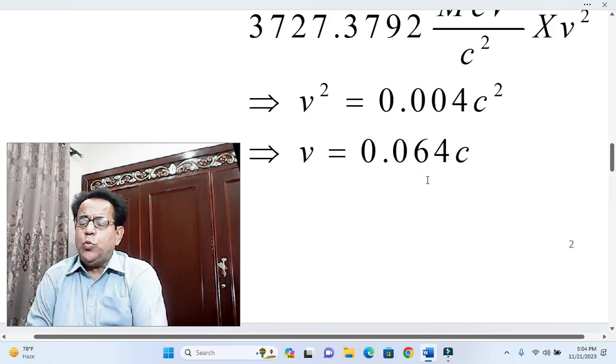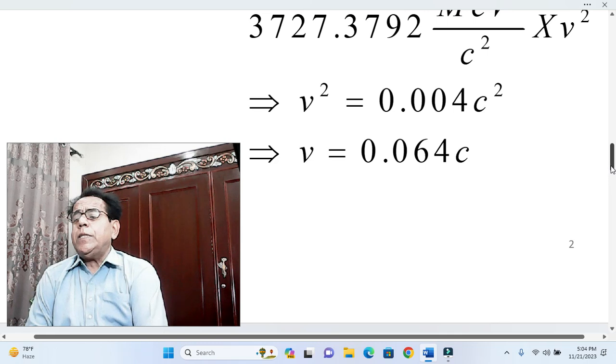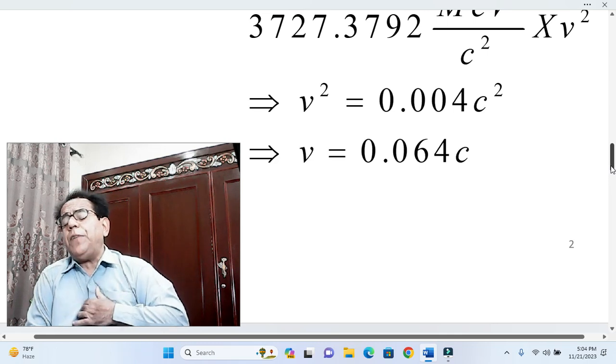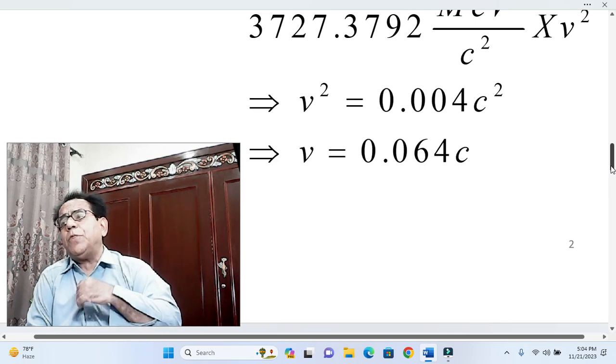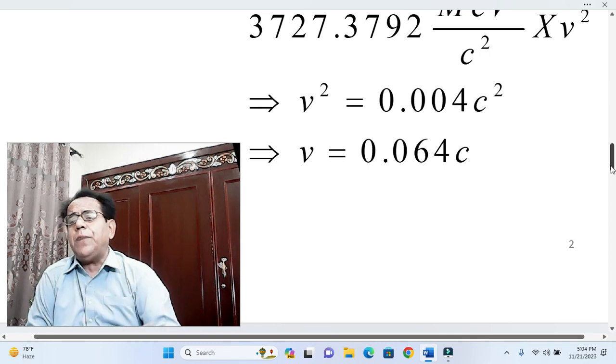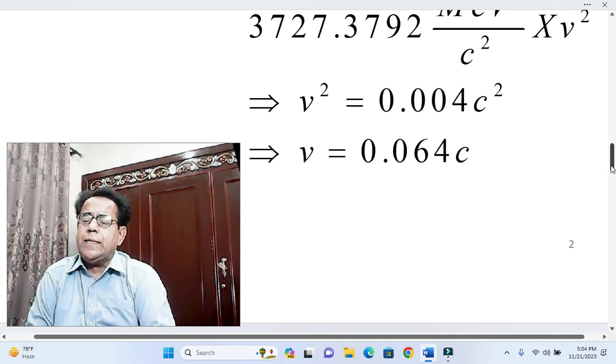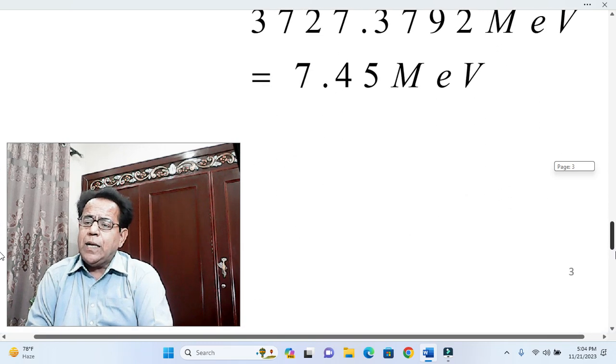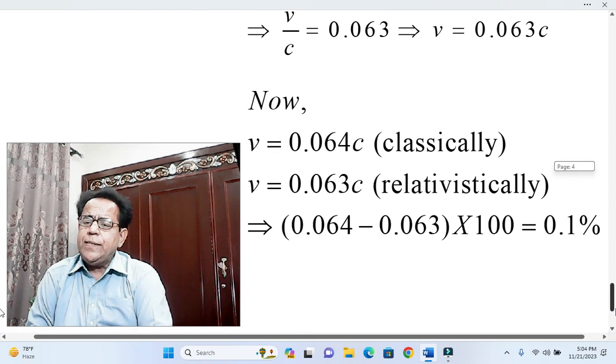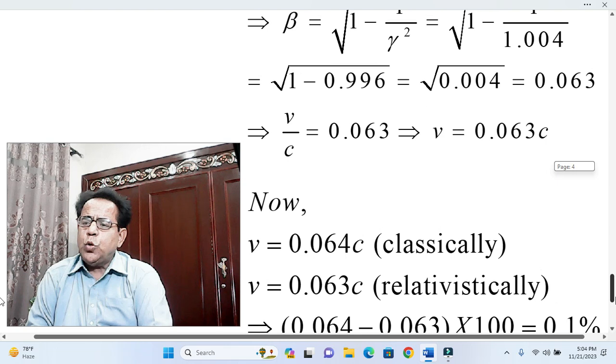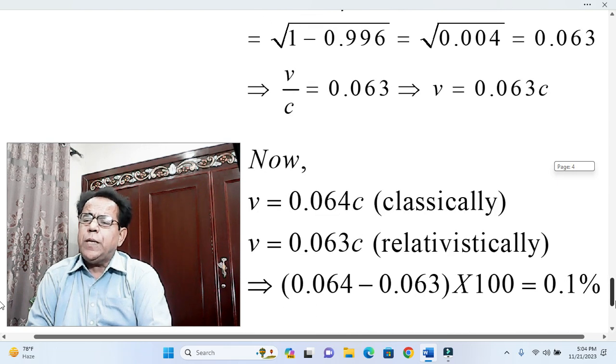Okay, one value. Dear students, here we have found one value of kinetic energy 7.45 and one value of kinetic energy 7.7. So similarly, one value of v is 0.064c, while the other value of v is 0.063c.